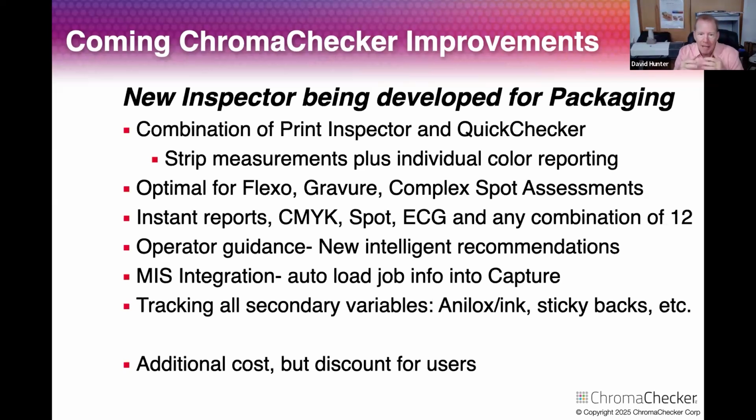So it's really designed for packaging or complex spot color assessments. It has instant reporting within the Capture interface, and it has a lot of new operator guidance, which tells the operator increase density, decrease density, or reformulate ink because the ink isn't going to get you to your delta E tolerance that you're asking for.